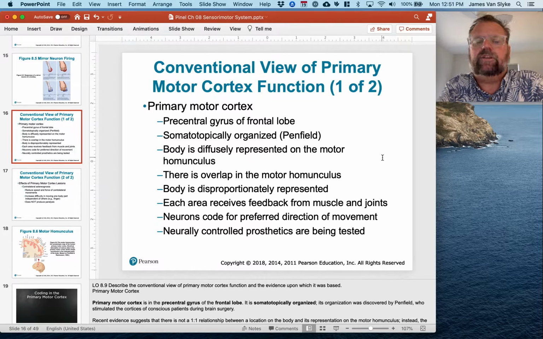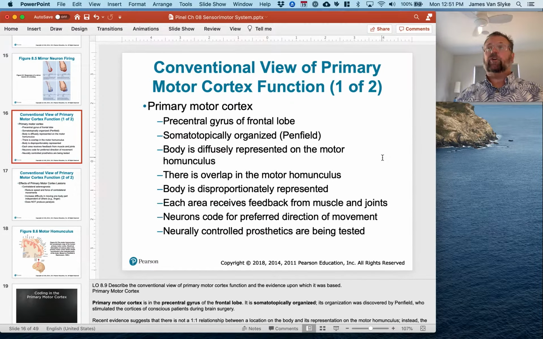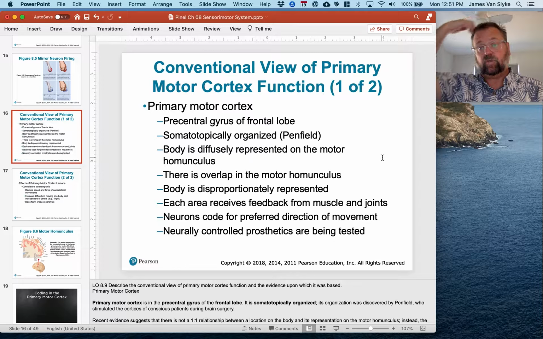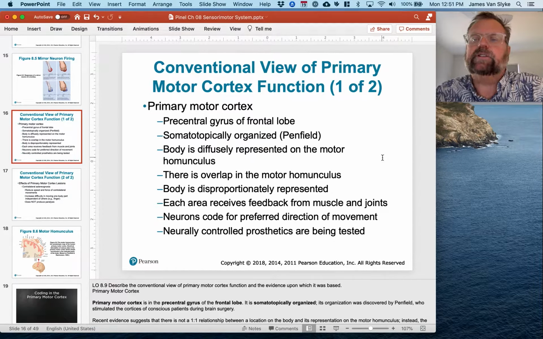And there are neurally controlled prosthetics that are currently being tested. I do know of one study where a person used their motor cortex to move a cursor on a computer screen.